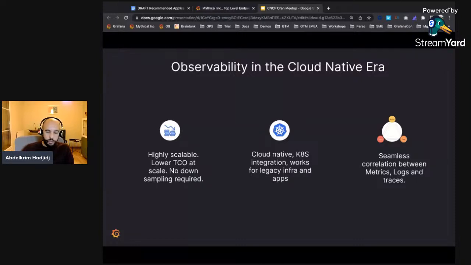The next thing is we want to have something cloud native and really well integrated with Kubernetes. Things like service discovery are really important because your application will be dynamic, right? Depending on the load, it can spin pods up or down.